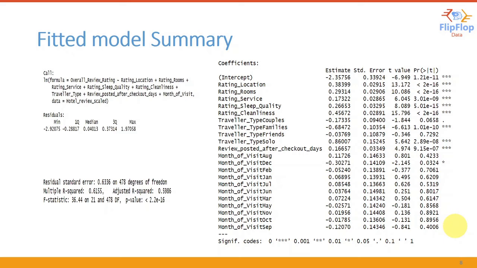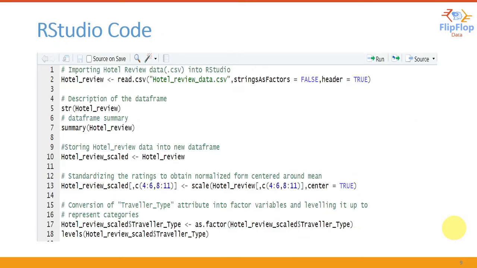So hence the hotel has to look into how they can allure travelers during this time to gain their attention and satisfaction. So this is the RStudio code which I have captured as a screenshot for you to go through.